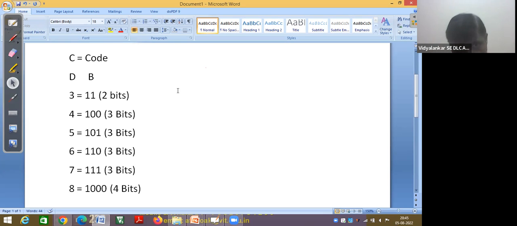It's a code we use in number system. And why we use code? We use code for standardization.